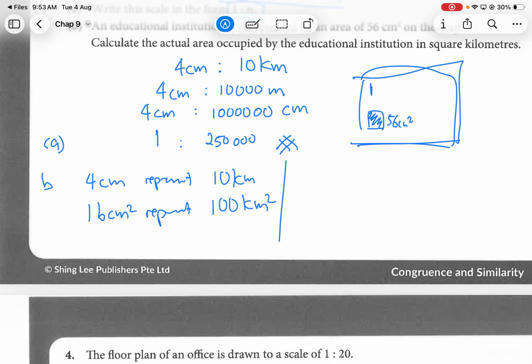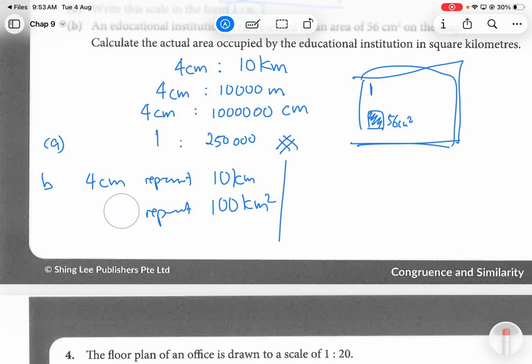So 56 times. We can use it like a direct proportion again. 1 to become 56, I multiply 56. Then this side, I also just multiply 56. Then that will give me the answer.